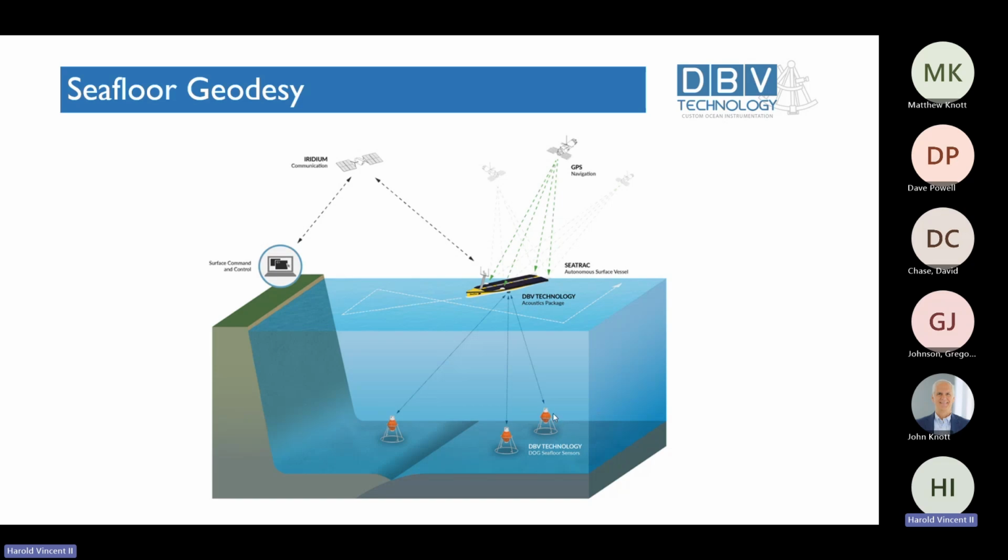And you can get those positions week after week, month after month, year after year through the use of a persistent autonomous surface platform. And the data from the seafloor via that surface platform is sent via satellite back to shore. And so here we're tying, again, these multiple domains together, from the seafloor using underwater acoustics to the surface vessel, from the surface vessel through a satellite back to shore.